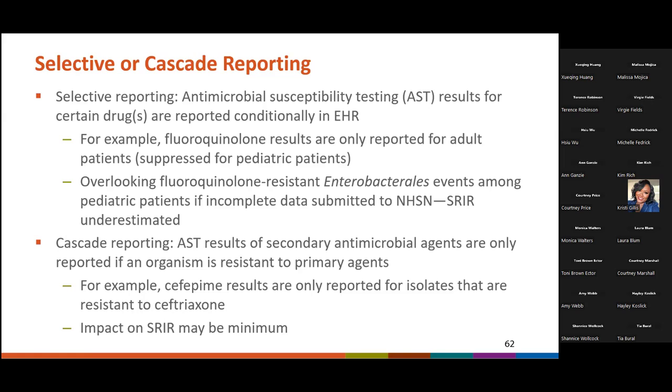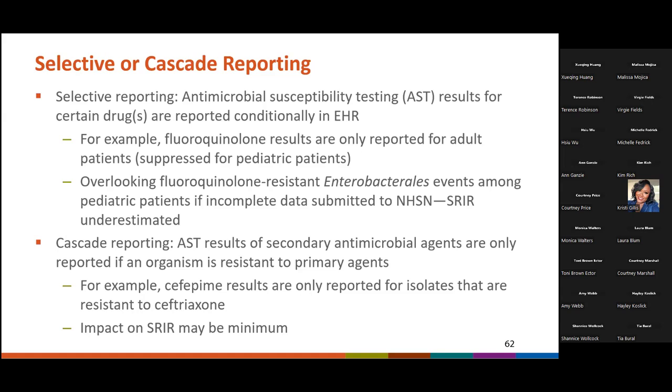In this case, if partially suppressed data were submitted to NHSN, since SIR is calculated for all inpatient locations as a whole, also known as facility-wide inpatient, SIR for fluoroquinolone-resistant Enterobacterales would be underestimated.